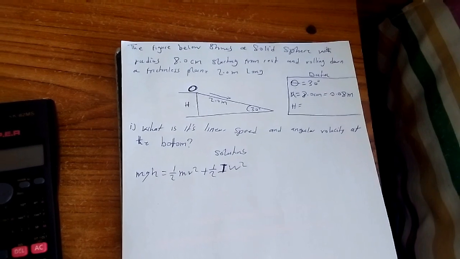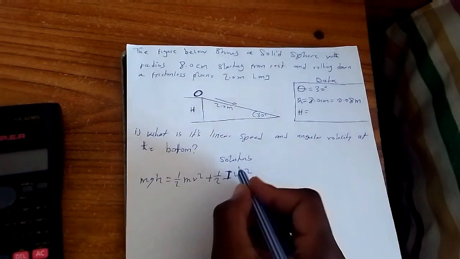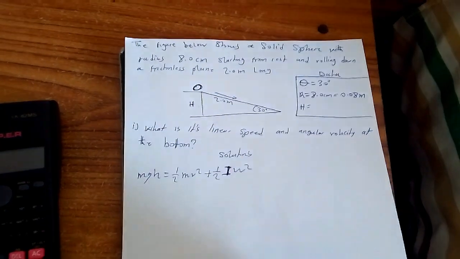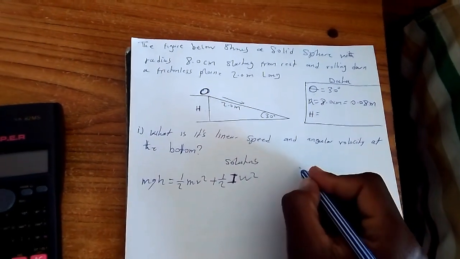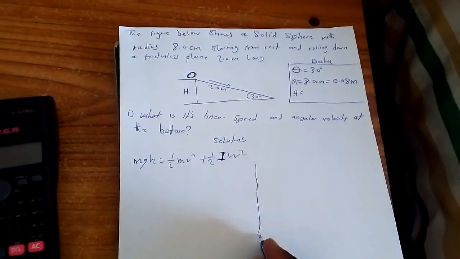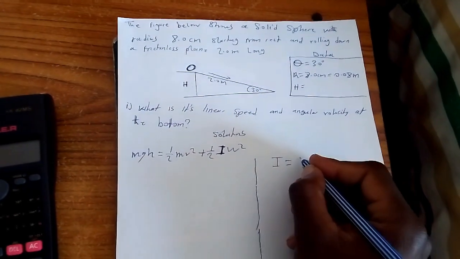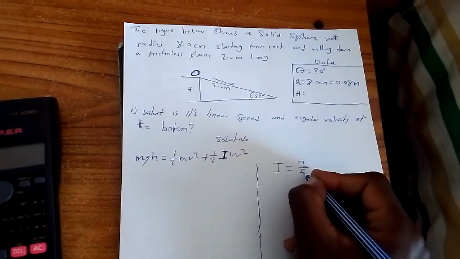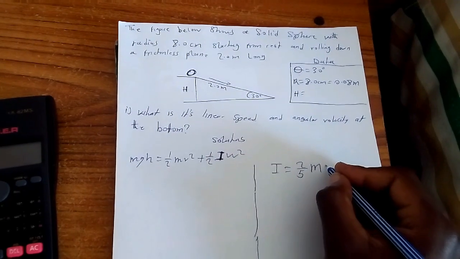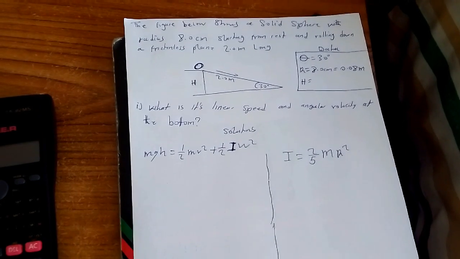Different shapes have different inertia. So for this one, inertia will be equal to 2 over 5 times mass times the radius squared.